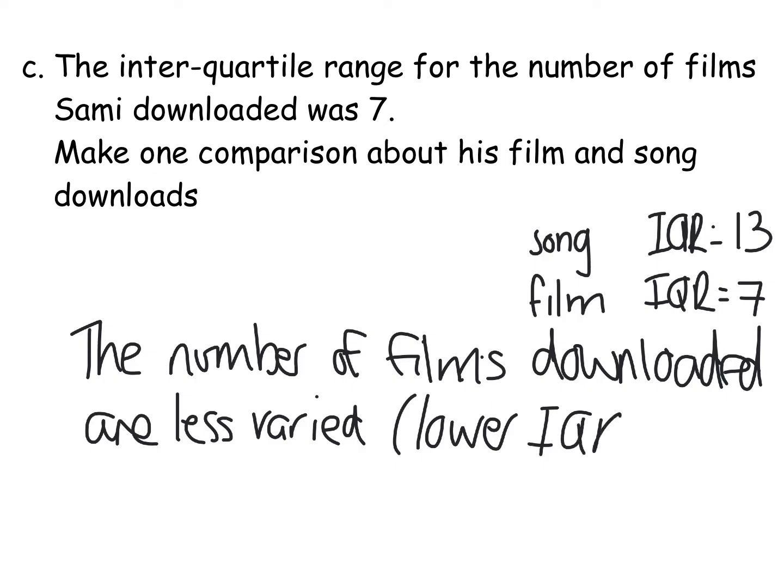You don't need to write that bit, that's just why I've put it in brackets. You don't actually have to mention the number. Again, spin it the other way, the number of songs he downloaded was more varied because it had a higher interquartile range. So I think it's really important to understand what interquartile range is when you're comparing them. The lower one, the less varied. Lower, less varied, higher, more varied.